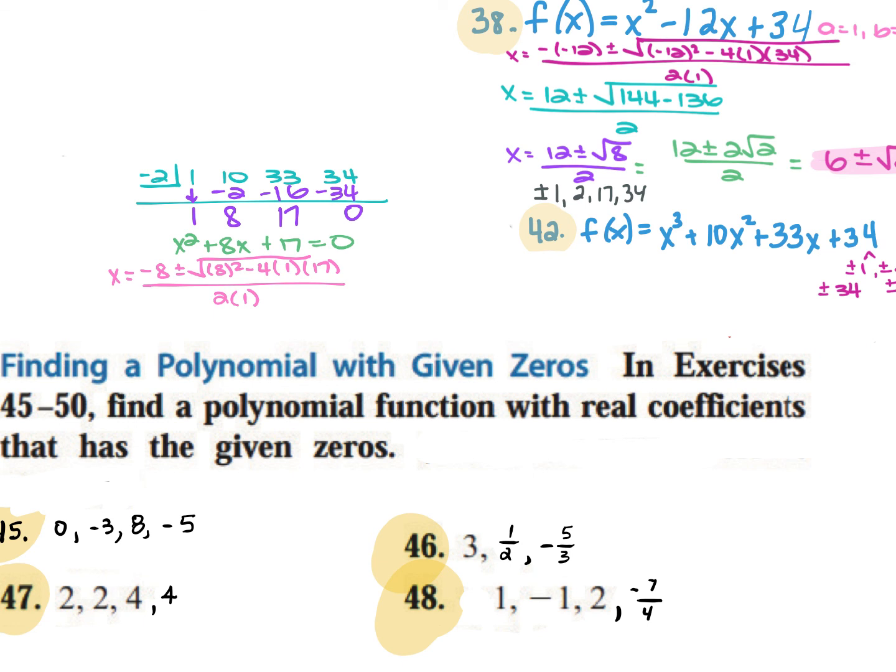From here, this is going to give you negative 8 plus or minus the square root of 64 minus 4 times 17 is 68 all over 2.